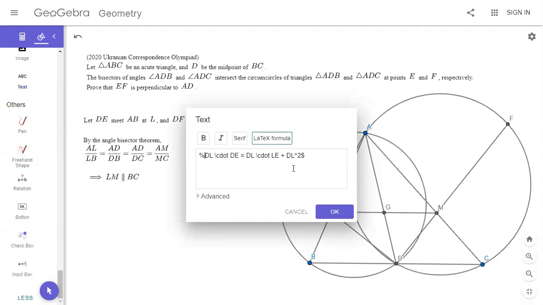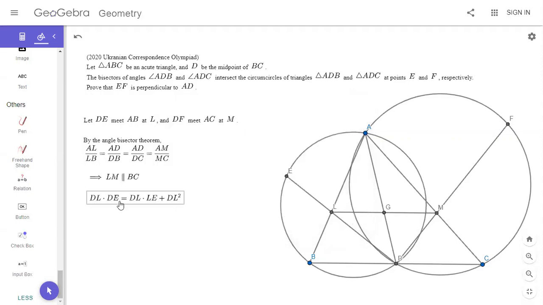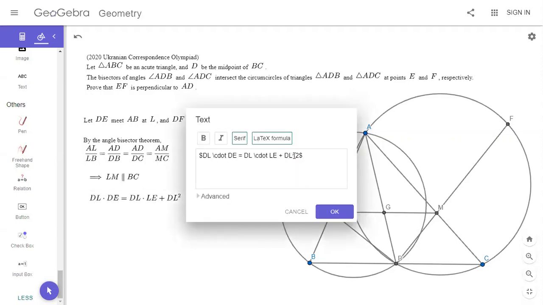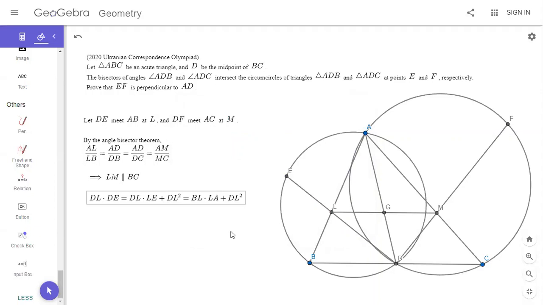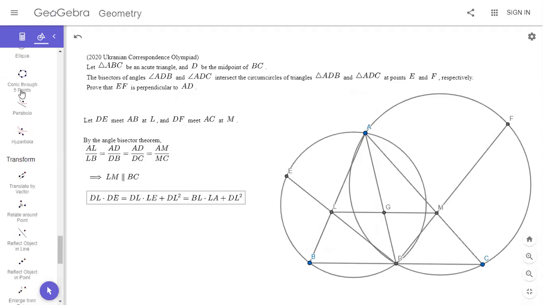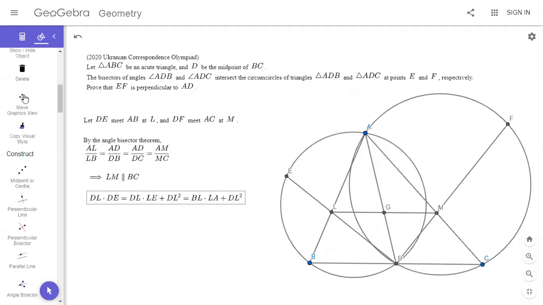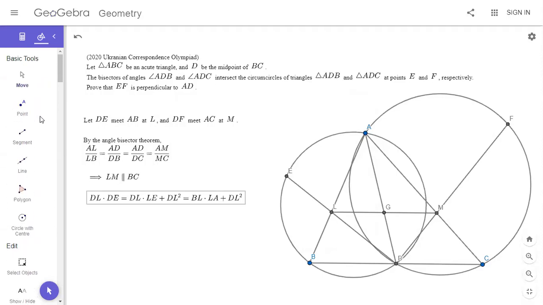We substitute DL times LE from power of a point for L, and DL squared should be DA times DG. What is DL squared? I guess we should get it from similar triangles ALG and ALD.